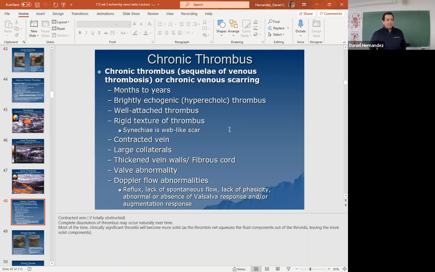They often have valve abnormalities, so those valves typically get damaged as a result of the deep vein thrombosis. That damage to the valves will lead to the patient developing reflux and insufficiency. Unfortunately, reflux and insufficiency is a common byproduct of patients who've had deep vein thrombosis.